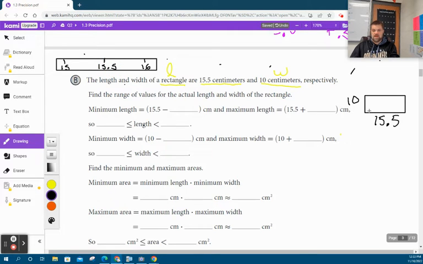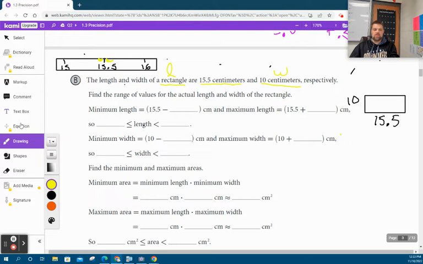But when I measure my rectangle, I don't know for sure. I could be a little bit before 15.5 or the measurement could be a little bit after. So the precision level is half of whatever significance that you have.